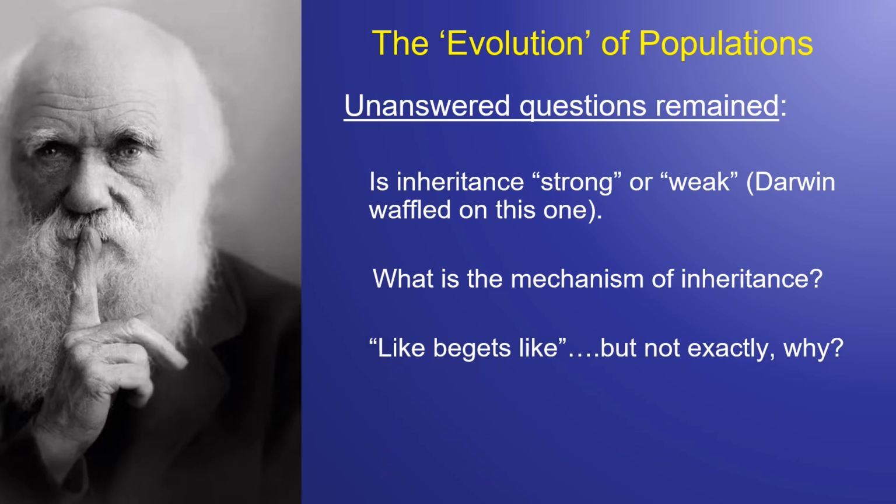Now, like begets like, to kind of quote the Bible and quote the kind of poetic wording that Darwin would use. And what I mean by that is, organisms give birth to things that look like them. Your parents look somewhat like you, but they don't look exactly like you.